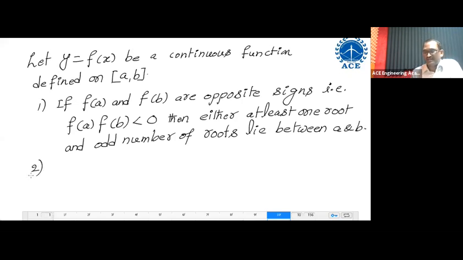The first diagram and second diagram will represent the first case.